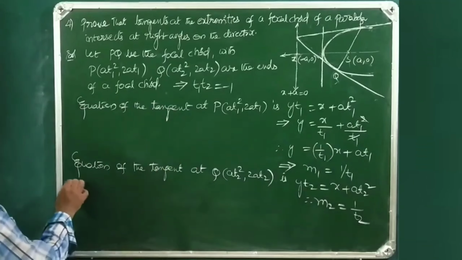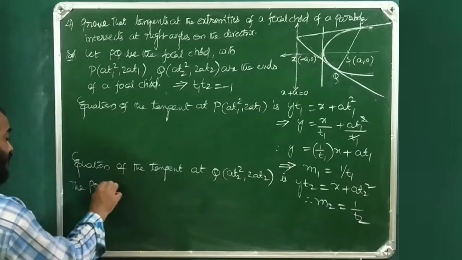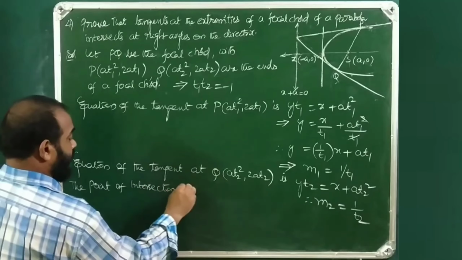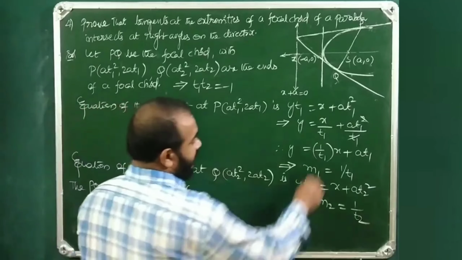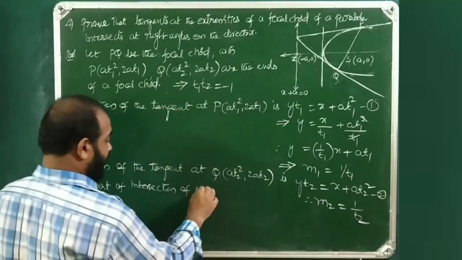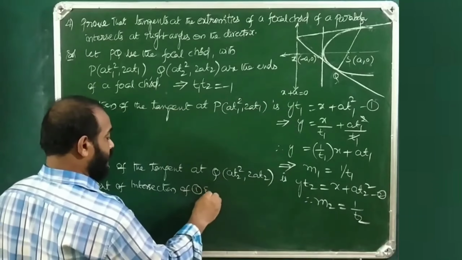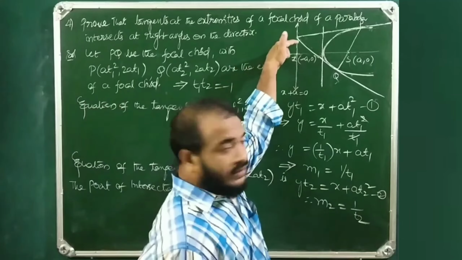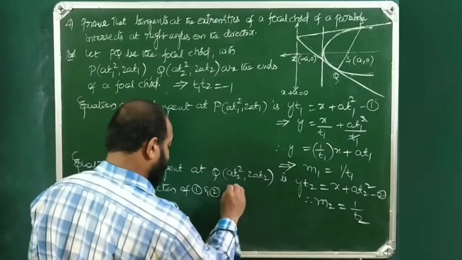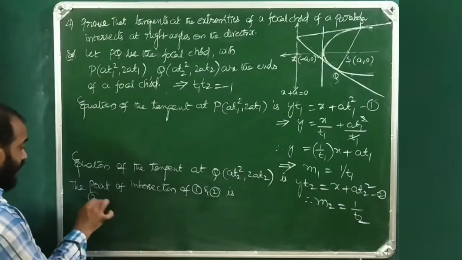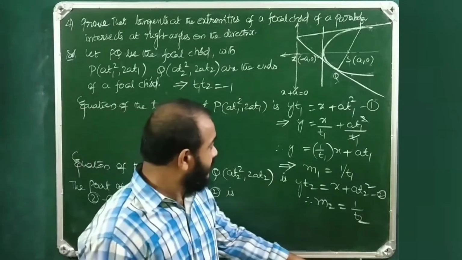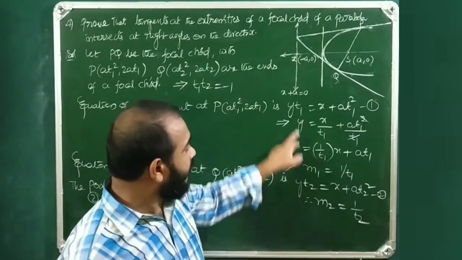The point of intersection of these tangents, this is 1 and this is 2, is of 1 and 2. What is 1 and 2? The equation of this tangent and the equation of this tangent. Simply I'll do 2 minus 1. So that is yt2 minus yt1.